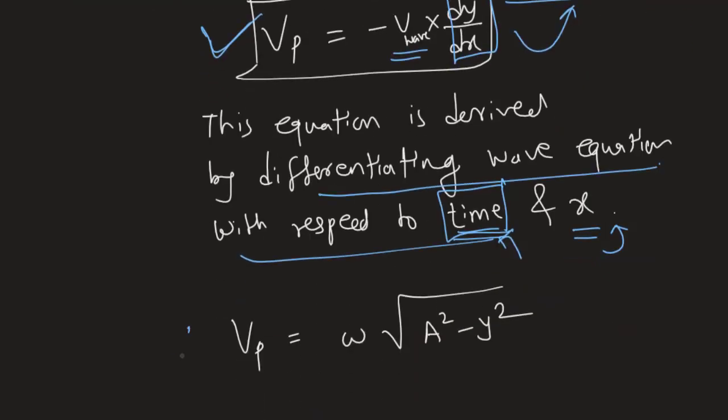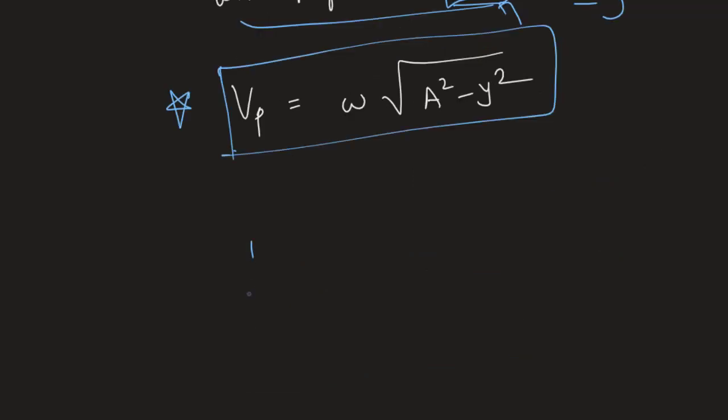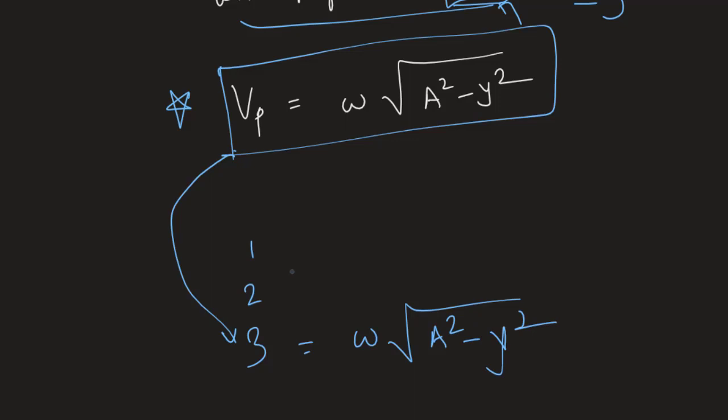And using simple harmonic motion, we know this formula as well: particle velocity is equal to omega into the square root of a square minus y square. So you can see that there are three methods to calculate the velocity of the particle. The third one that we have seen is omega under root of a square minus y square. The second method was minus v wave, that is wave velocity, into dy by dx.